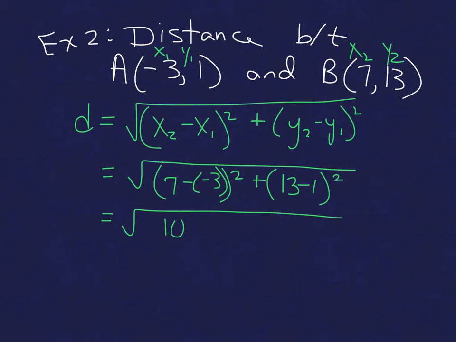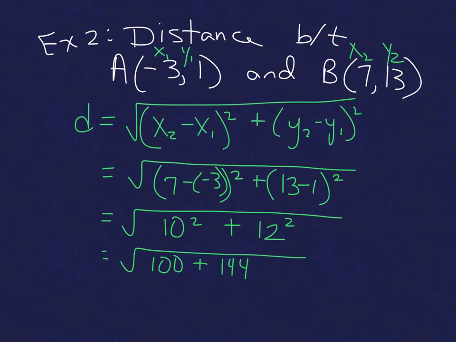That's 10. So this is 10 squared. Okay, and then 13 minus 1 is 12. So that's going to be 12 squared. Okay, so we got the square root, same thing, of 100 because that's what 10 squared is. And then I have 144 because that's what 12 squared is. Okay, and we're going to go ahead and add those together. 100 plus 144 is 244.